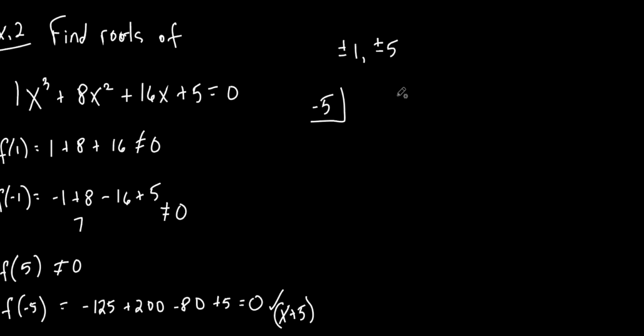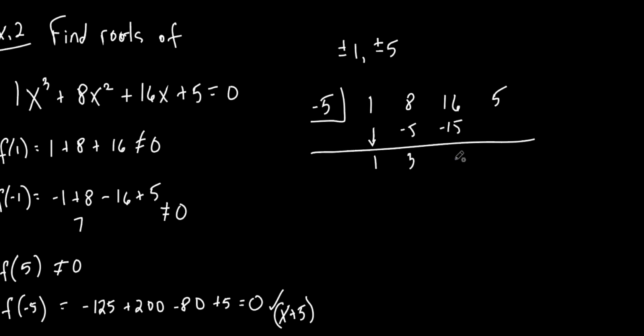So you write the coefficients, 1, 8, 16, 5 in our synthetic division. This is the easy part now, isn't it? Multiply, negative 5, add 3. Multiply, negative 15, add them up, it's 1. Multiply, negative 5, it's a 0. Like I said twice already today, that has to be a 0.